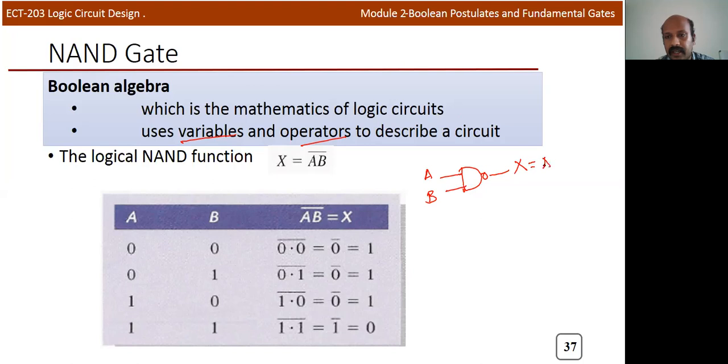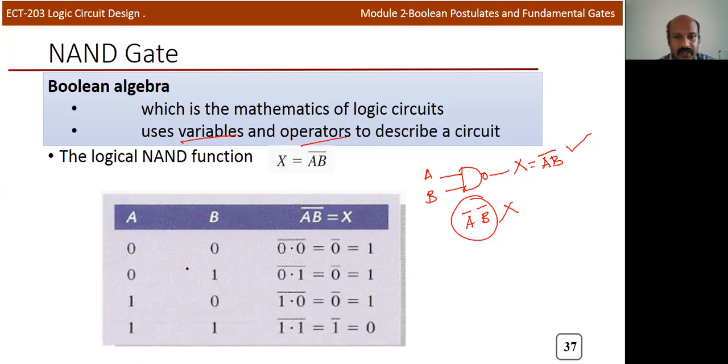We can write this X output as A into B, the AND operation, and then we need to perform a NOT. This is the NAND operation. Don't consider it equal to A bar B bar, which is wrong. The correct representation is A B the whole bar. So never write the NAND operation as A bar into B bar. We need to put the whole bar.